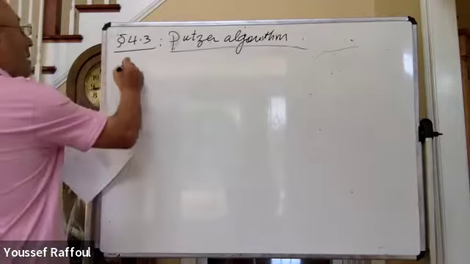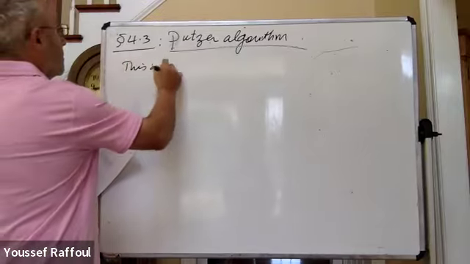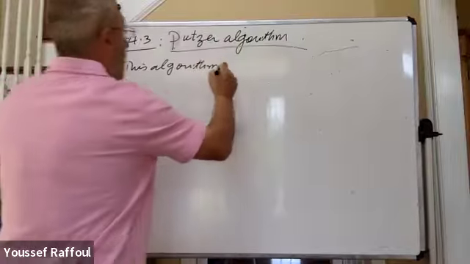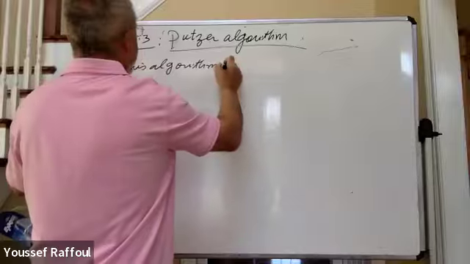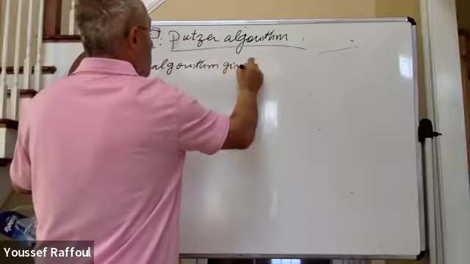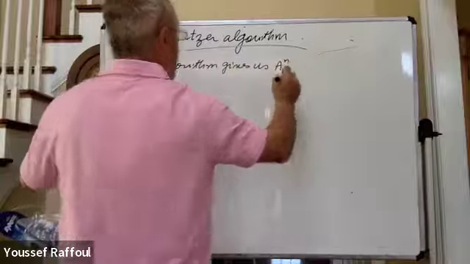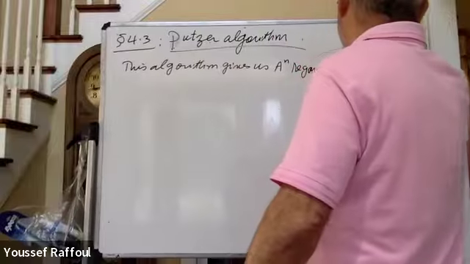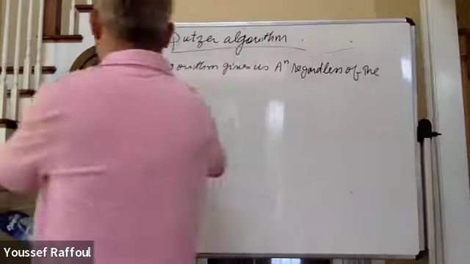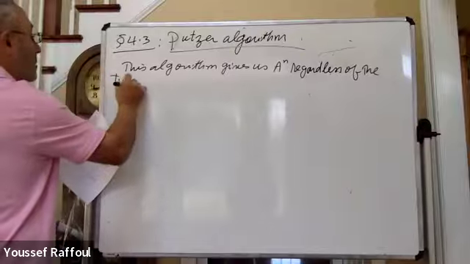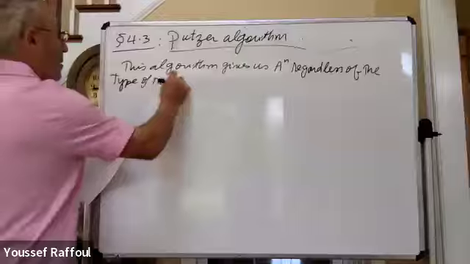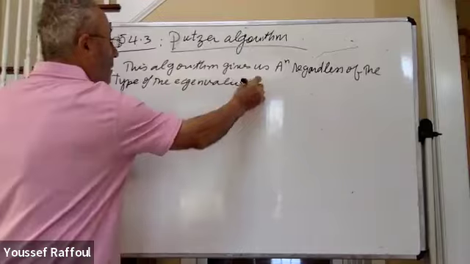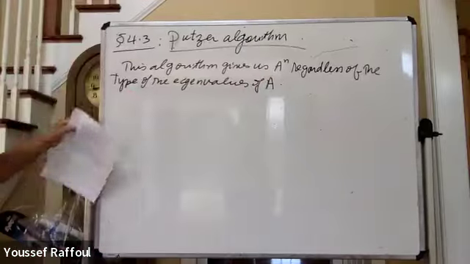So this algorithm gives us A to the n regardless of the type of eigenvalue we have of the matrix A. Okay.